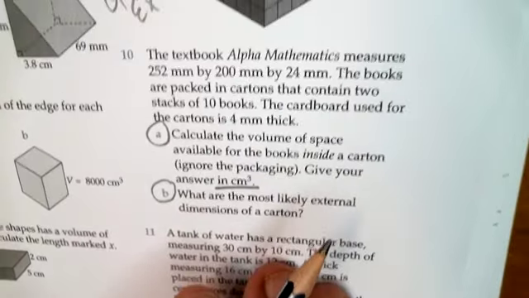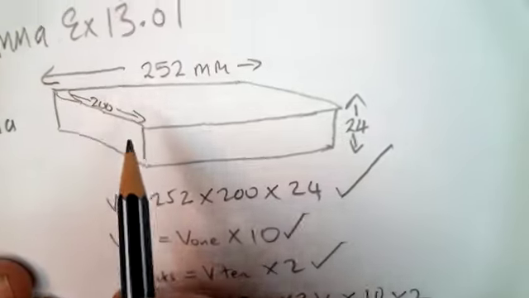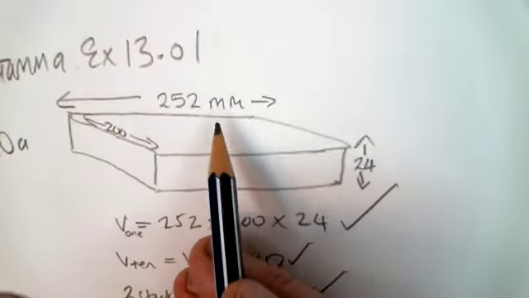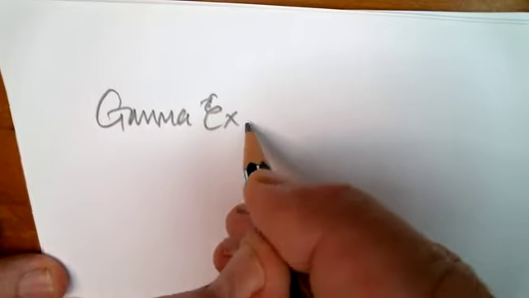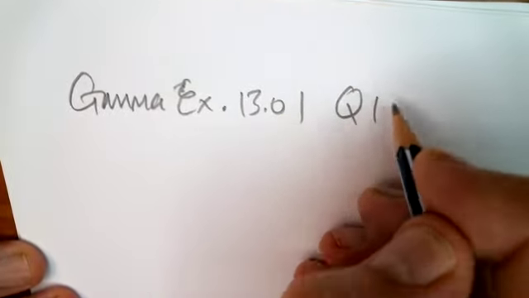So we've got the basis of it, and we had this one before. I'm just going to copy a little bit of this down, because we're just going to increase this a little bit. So we have the books here. I'll just rewrite here: this is gamma, and it was exercise 13.01, question 10b.